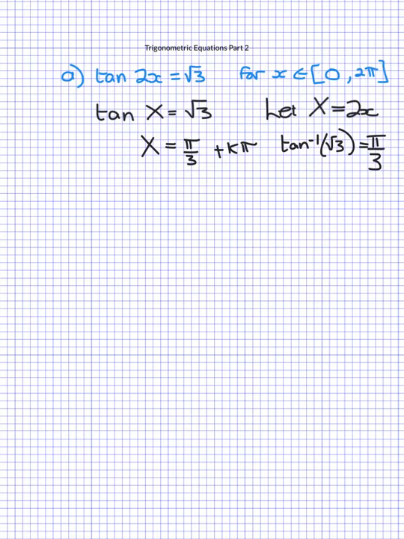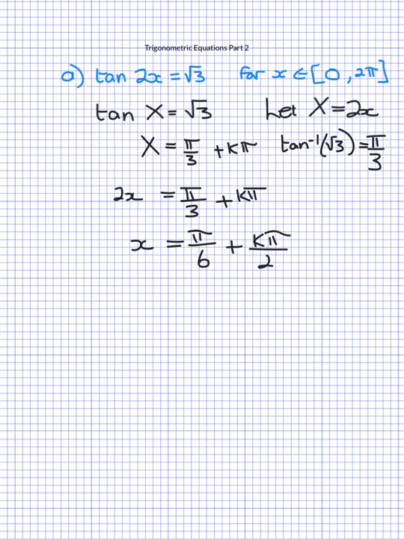So therefore now I'm going to sub back in. So I get 2x therefore is going to equal pi on 3 plus k pi. And so x is going to equal pi on 3 times half, or divide by 2, so that makes it pi on 6 plus k pi over 2.